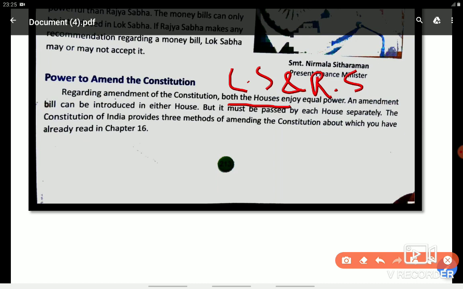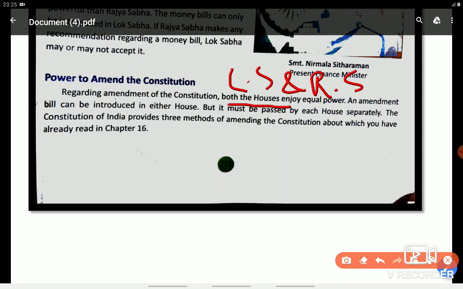An amendment bill can be introduced in either house. In my previous session I also discussed that regarding money bill only Lok Sabha is powerful. But apart from money bill, if we talk about ordinary bills or the amendment of the bills, that can be introduced in either house, whether it is Lok Sabha or Rajya Sabha.